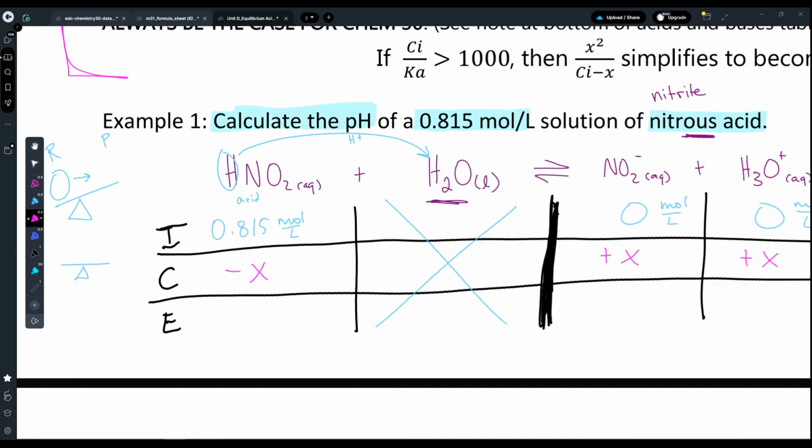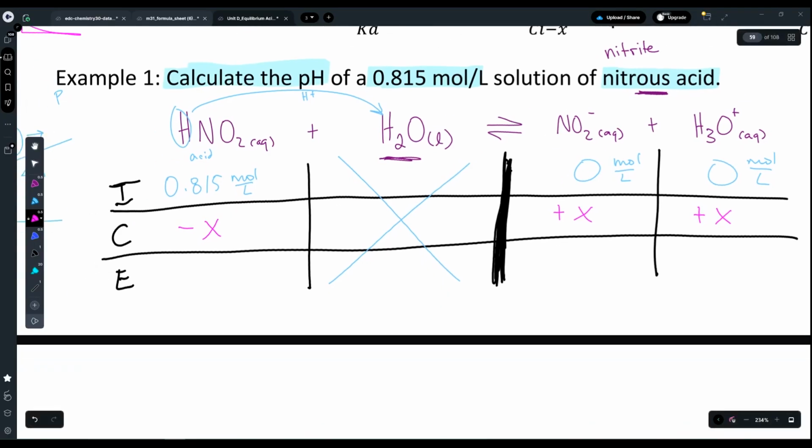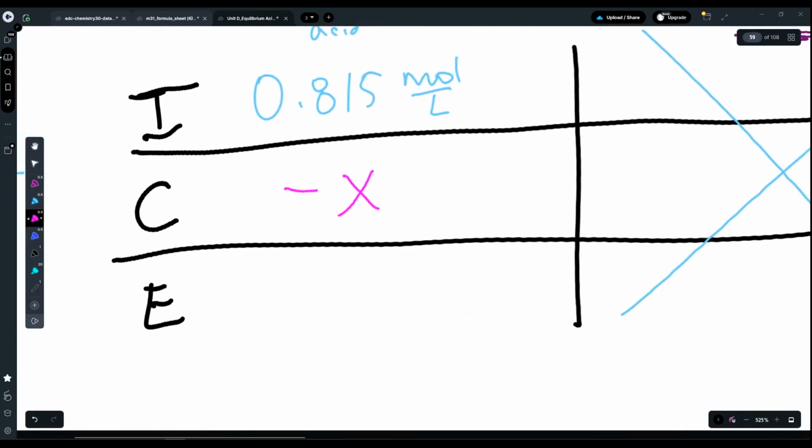So I'm saying negative X for the nitrous acid because there's a 1 coefficient in the balanced chemical equation, and same with the nitrite and hydronium ion. There's only a 1 coefficient here, so that's why I say plus X for both of those. Okay. And now I'm going to be using the I plus C is equal to E here.